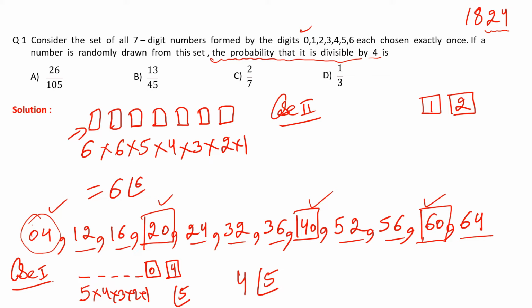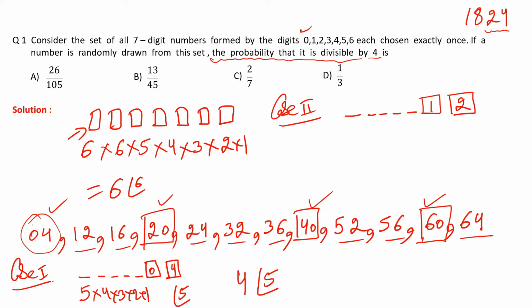Why I'm saying 8? Because all of the other groups are going to be treated in the same way, right? Now we have to fill the first 5 places by the remaining 5 digits. But this time the first place cannot be filled with 0. This is why I took the 2 cases separately.